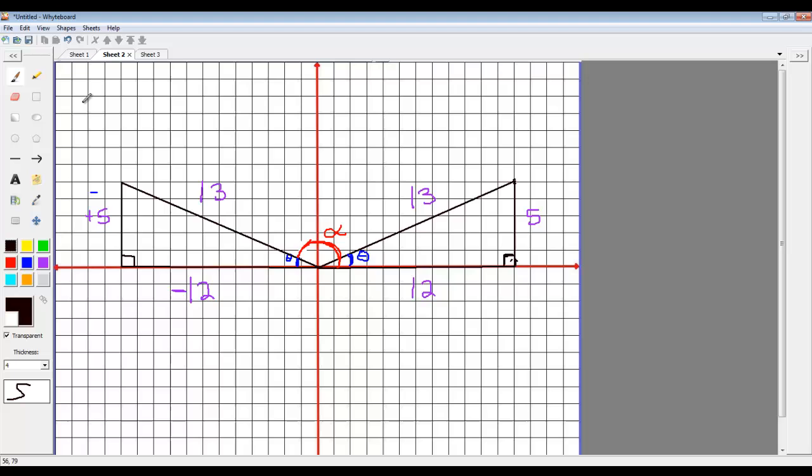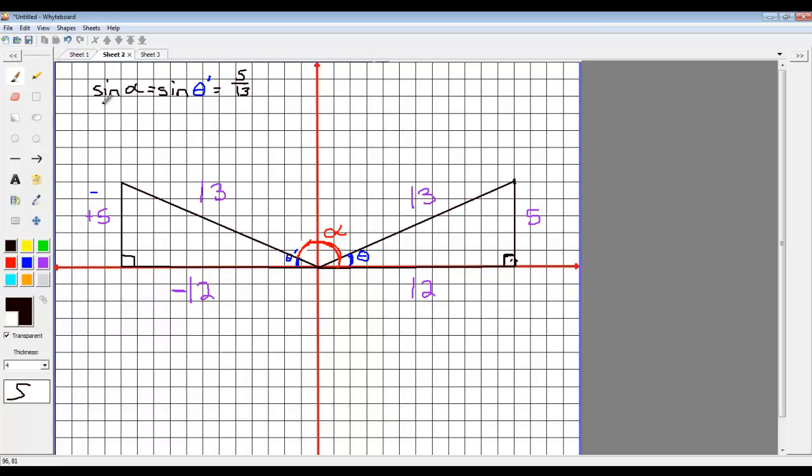So when we go to do the sine here, sine of alpha is the same thing as the sine of, let's call it theta primed. Remember, sine's opposite over hypotenuse, so you'd have 5/13.